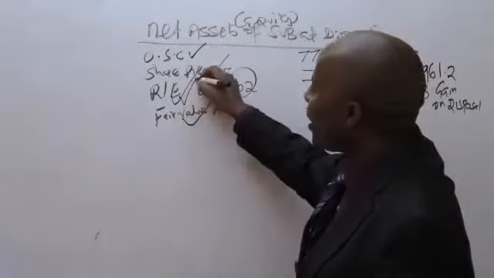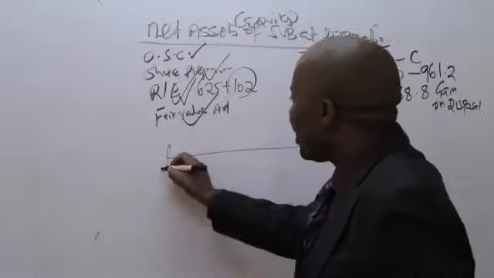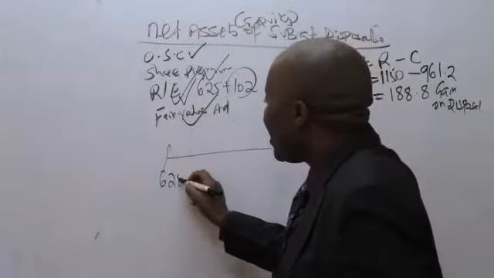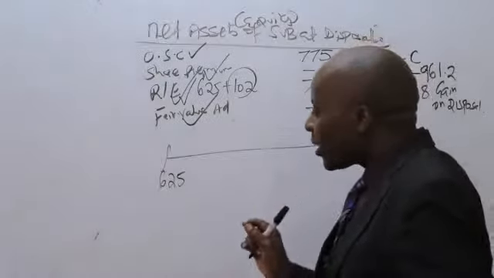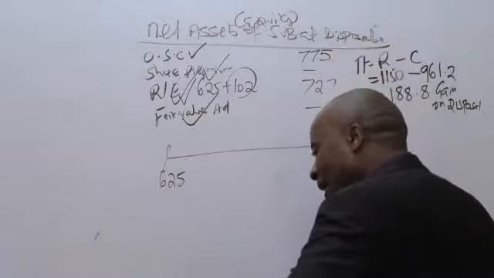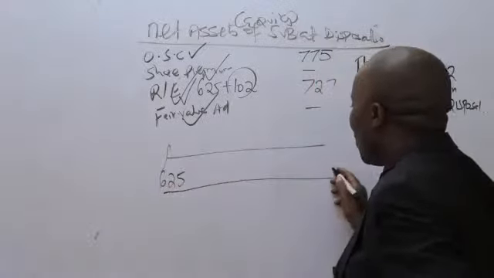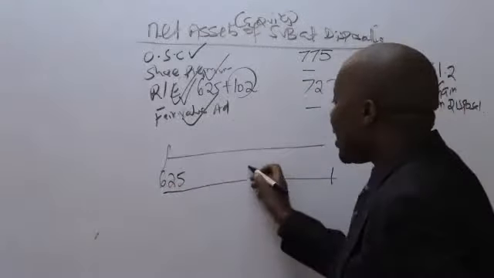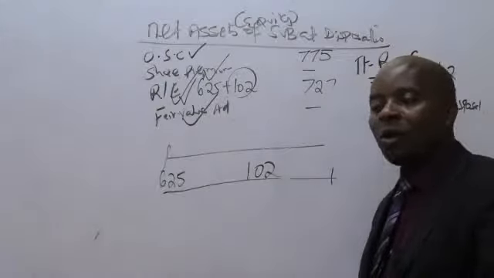So retained earnings, Mary is asking why add. When we bought this company we bought it having retained earnings of 625. So this 625 retained earnings at the beginning, the company was not asleep the whole year. It went ahead and made a profit of how much? A comprehensive income of 102.